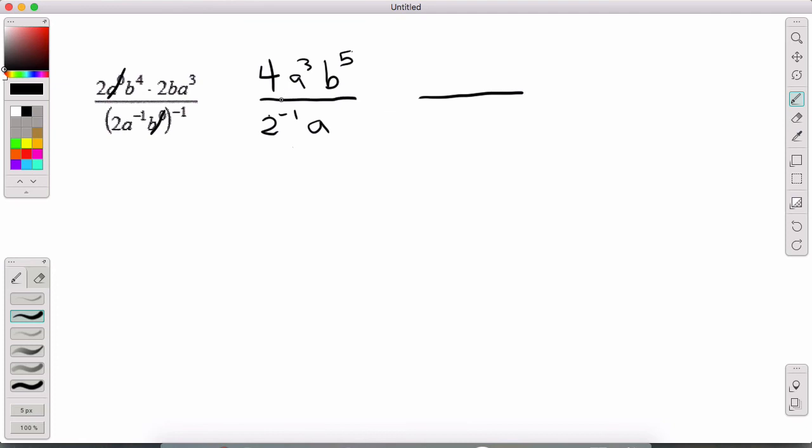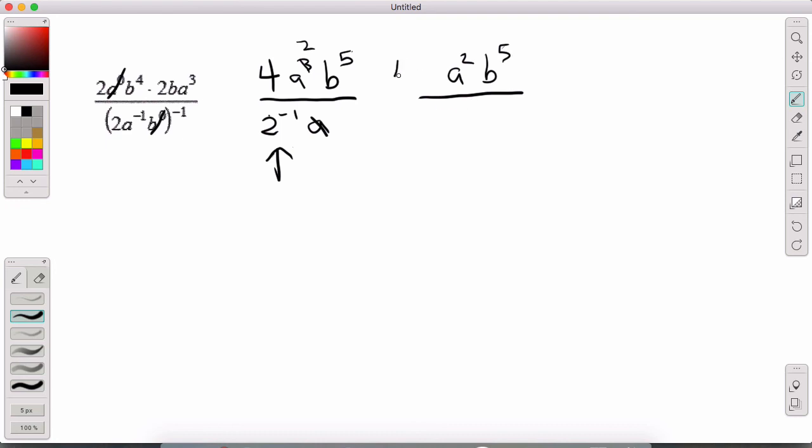So let's look at what we can cancel. I'm going to do that 2 to the negative 1 last. We can take one of these a's. We'll cancel with one of those, making that 2. We can't cancel the b's at all, so we put a b to the 5th power there. And this negative first power on the 2 means that 2 actually needs to go into our numerator.